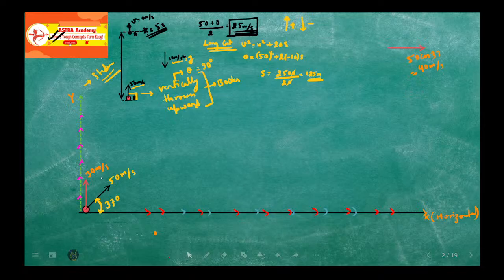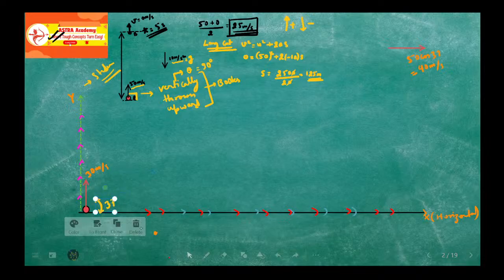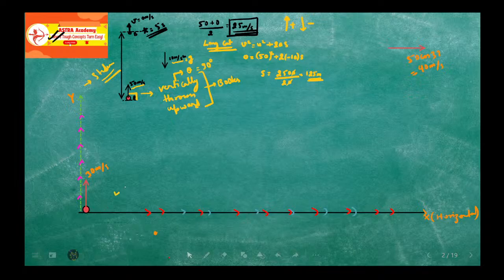I'm deleting this 50 also, because 50 has already been broken into two components, one horizontal and one vertical, so there's no use of writing it again. The 50 has been broken into 30 and 40, and I'm ignoring 40 for some time, not permanently. Meanwhile, we will focus only on 30.